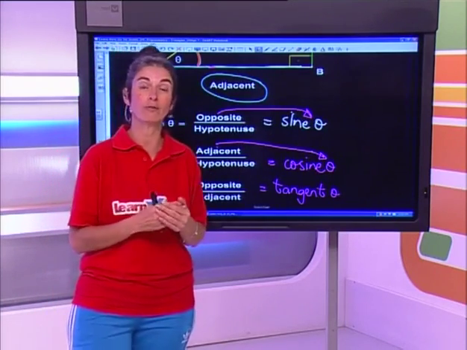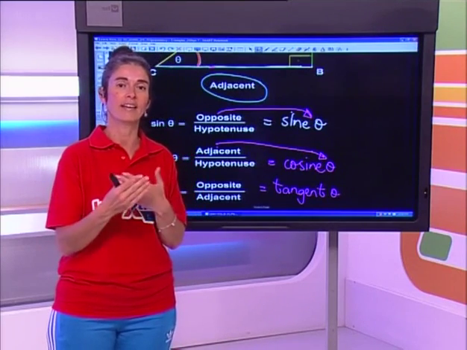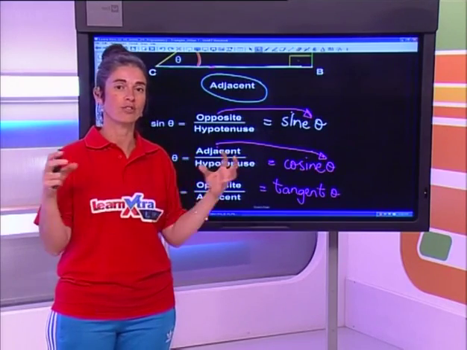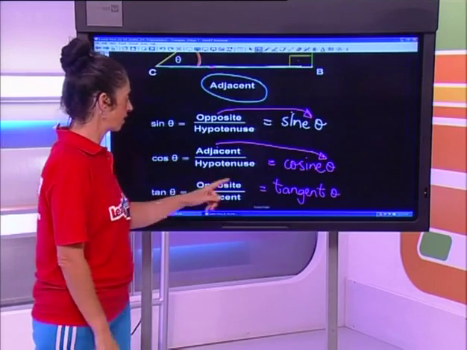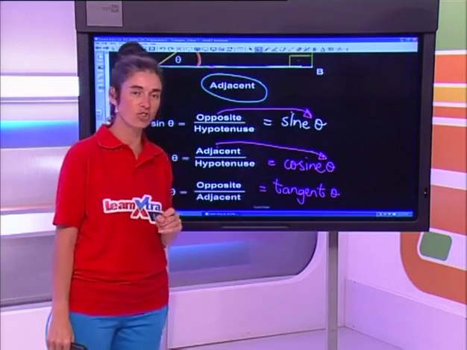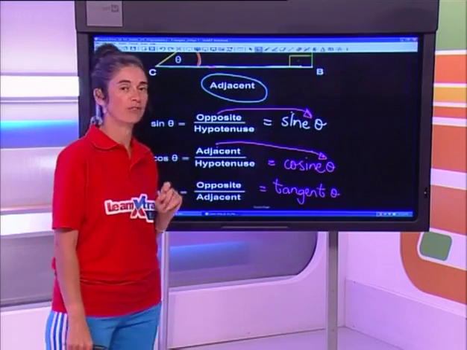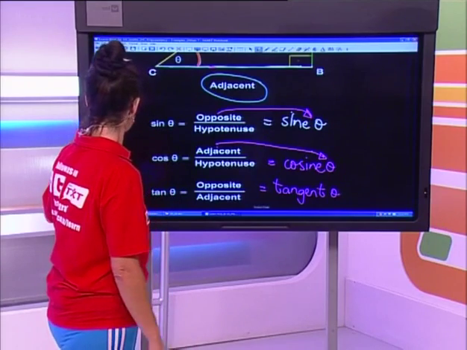Now, this is not to be confused with a tangent that exists in geometry, that is a line that is touching a curved surface. So these are 2 different meanings of the word tangent, but in this trigonometric sense, the tangent refers to a fraction that is made when you divide the opposite by the adjacent side.